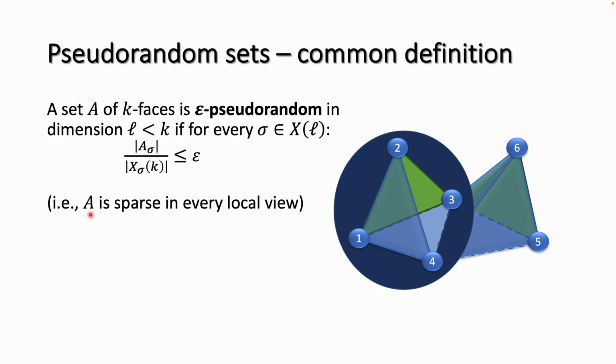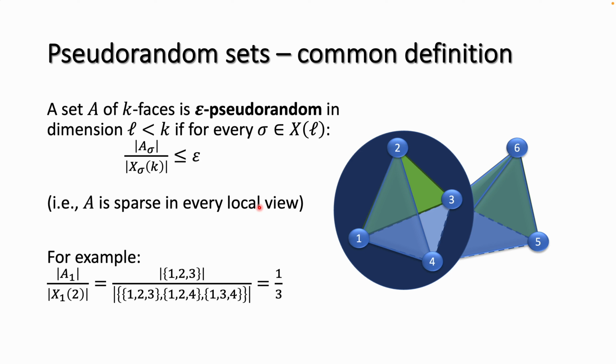In words, it means that A is sparse in every local view. For example, if we look at the localization of A to the vertex 1, the fraction of faces in the localization of A to the vertex 1 is 1 out of 3 possible triangles that contain this vertex, so it's a third. That's just an example.